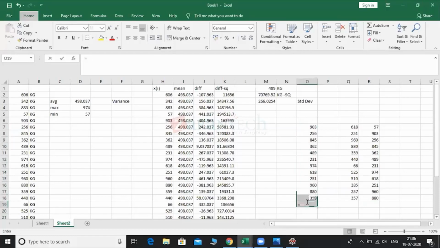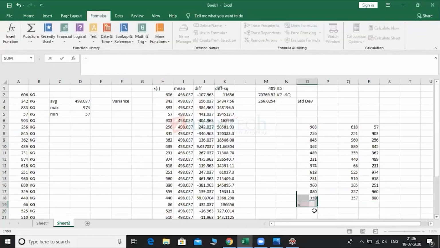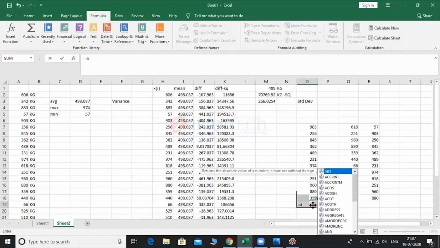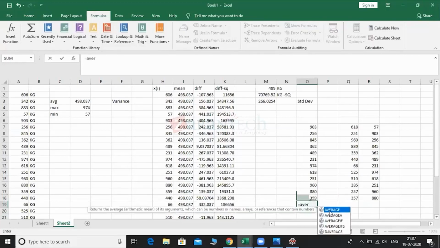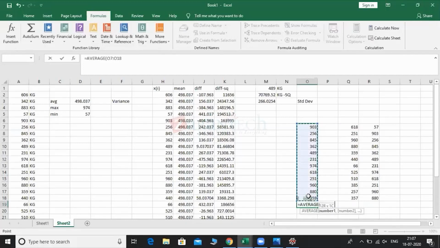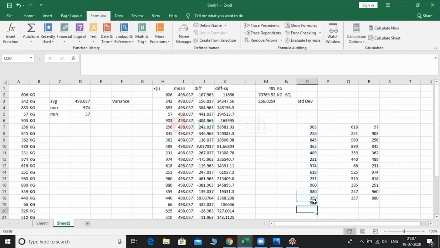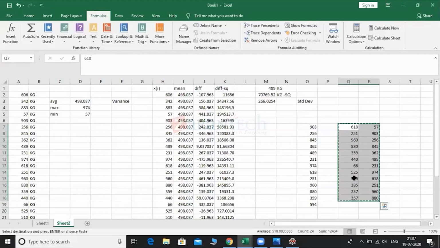So let's say, what is the mean of this number? Okay, the mean of this data is 594. Similarly, we have just taken 3 samples from this data set.